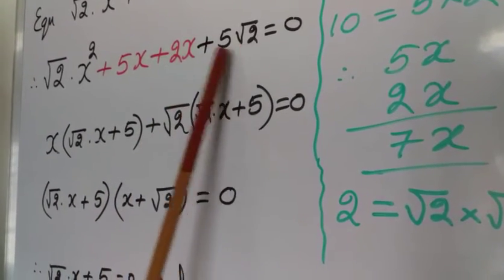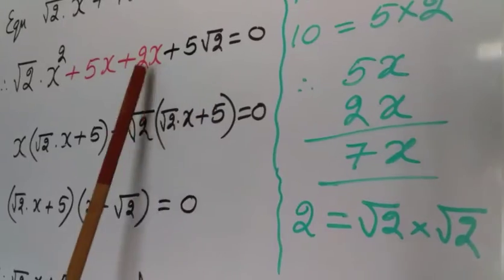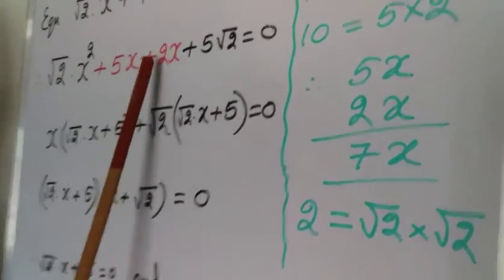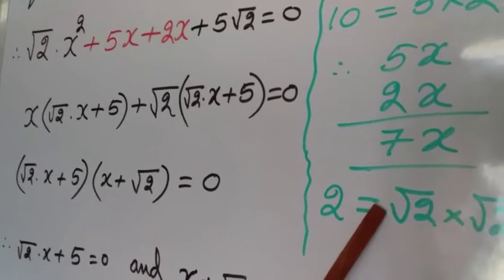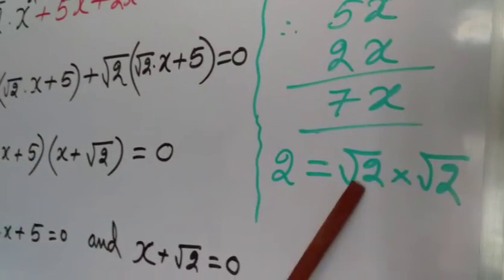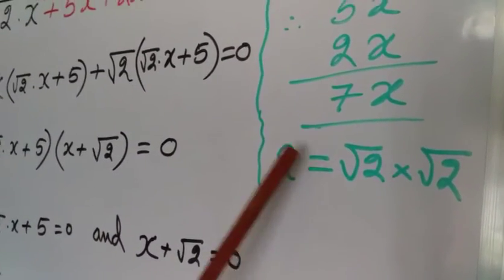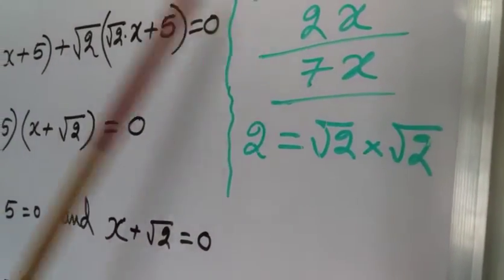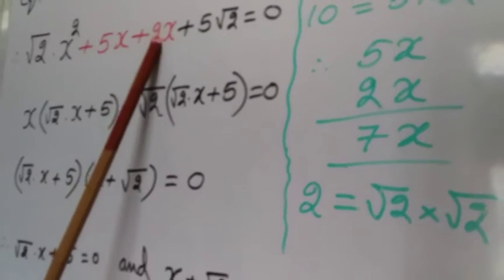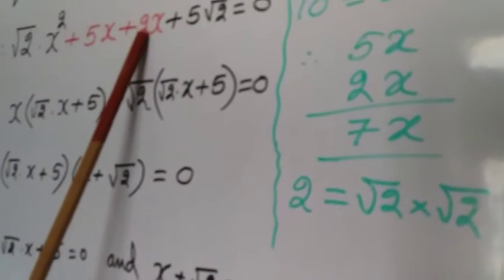Now, from these two terms, there is no common factor actually, so write 2 as root 2 into root 2. The product of these two is equal to 2. So 2 has two factors, root 2 into root 2.